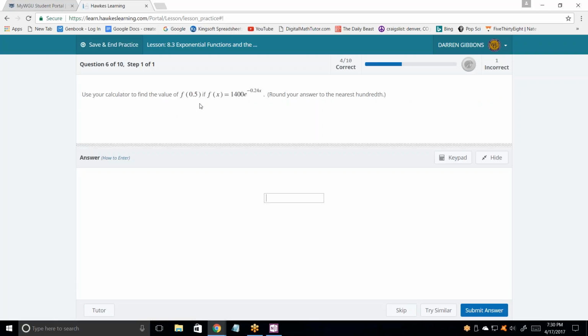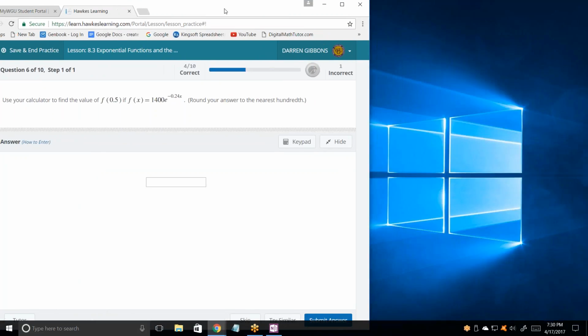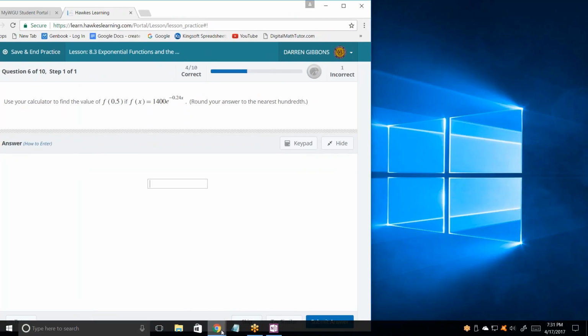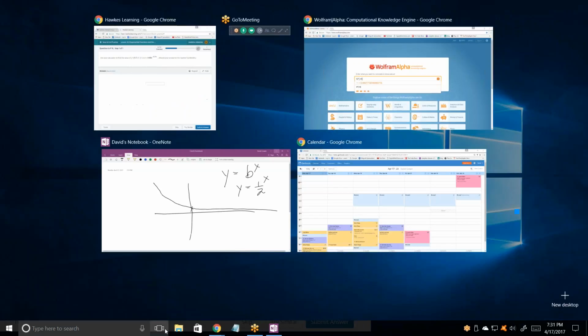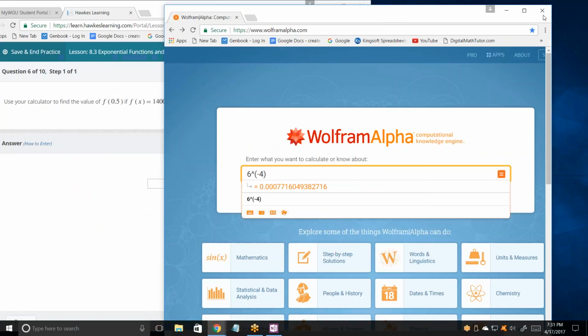Okay, use your calculator to find f of 0.5. Let me show you how to put this in. Go ahead and try to do it with Wolfram Alpha, and then I'll show you how to do it and make sure yours matches mine.